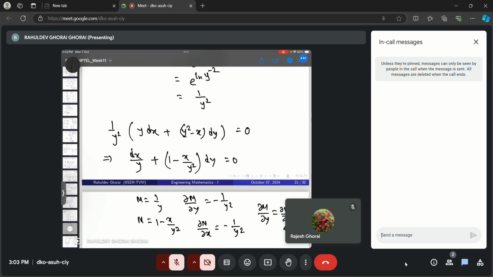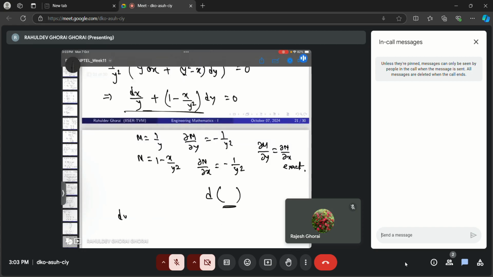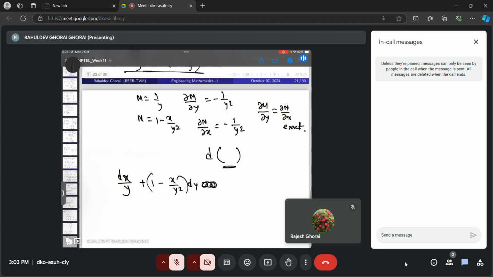So if it is exact, now you try to find out whether you can write this whole quantity as d of some function. So dx over y minus x over y square dy plus dy.